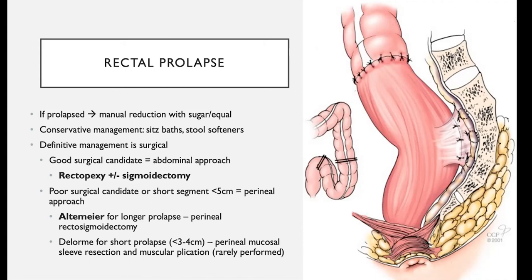But I think for the abdominal side, really the important thing to note is that if the patient is a good surgical candidate, the outcomes are better for abdominal approaches. So that's typically what you'll want to offer. And if the patient's unable to undergo an abdominal approach, then you typically will do a perineal approach surgery.